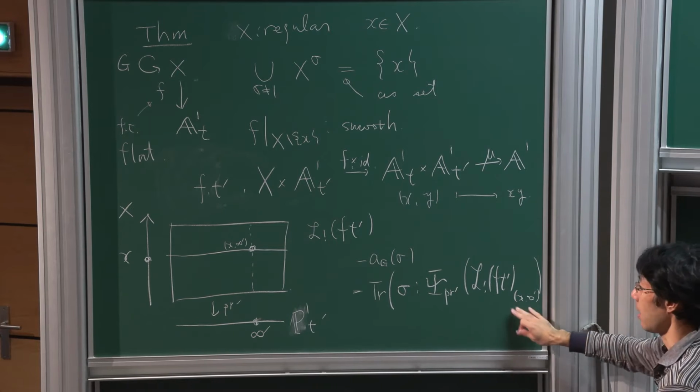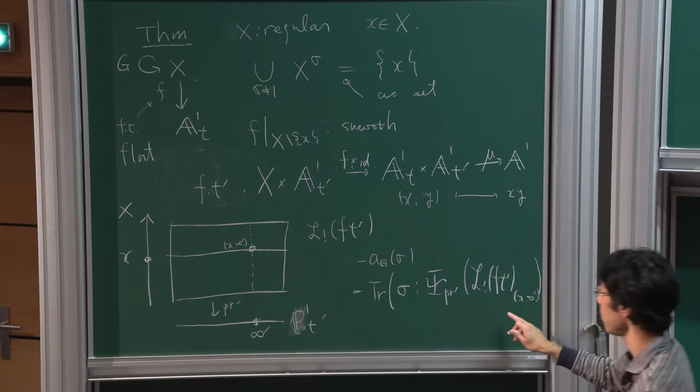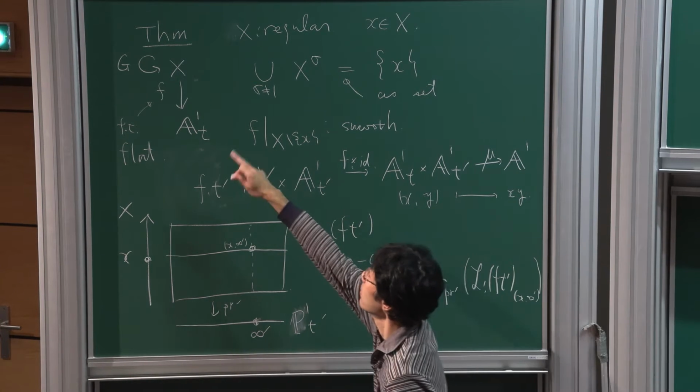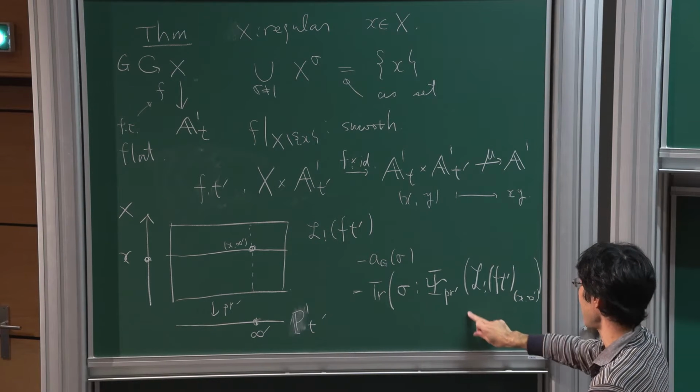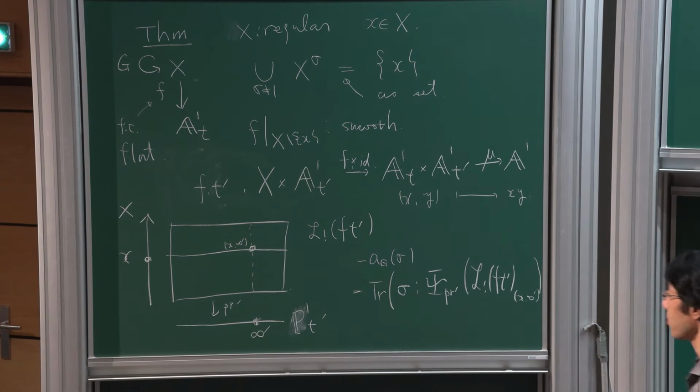I take the stalk here, and because this is G equivariant, we have the action of G on this nearby cycle. And the trace of that would be this.